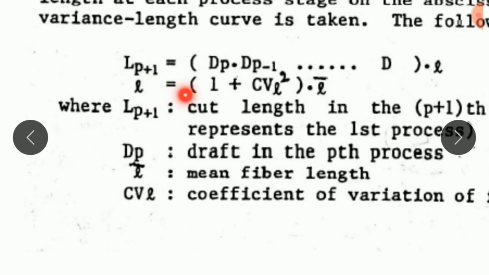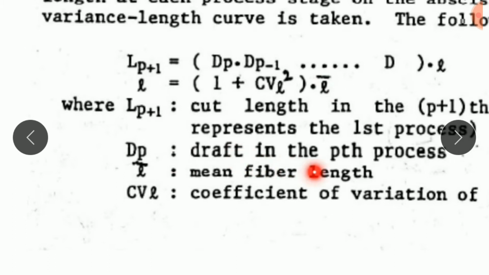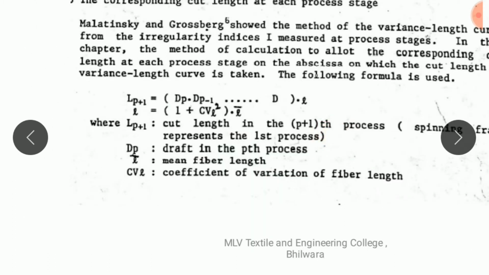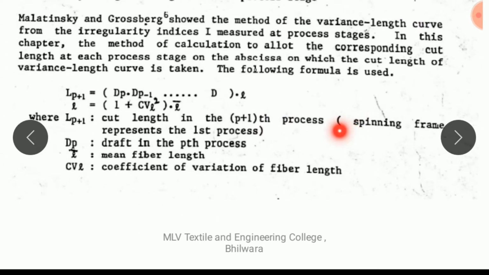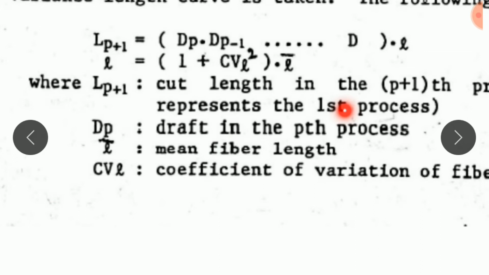So L can be calculated as 1 plus CV squared of the fibers, variations in fiber length, multiplied by L bar, where L bar is the mean fiber length. So L is the initial length, and p+1 is the process; the ring frame represents the first process.